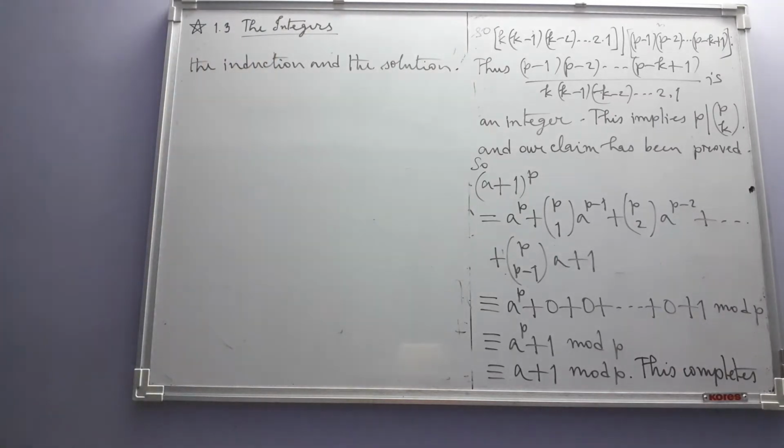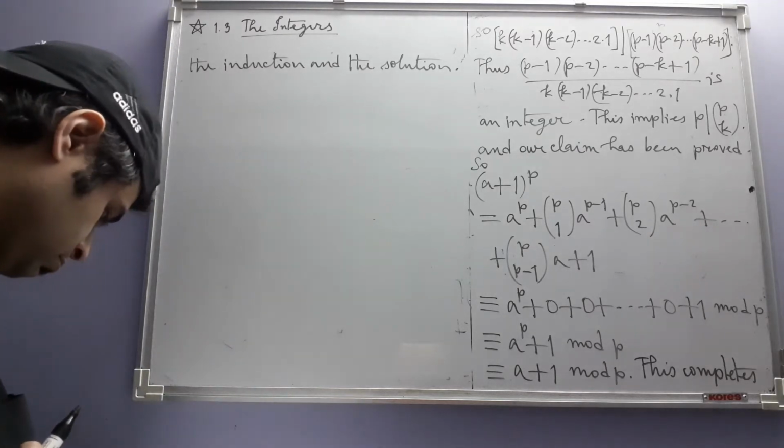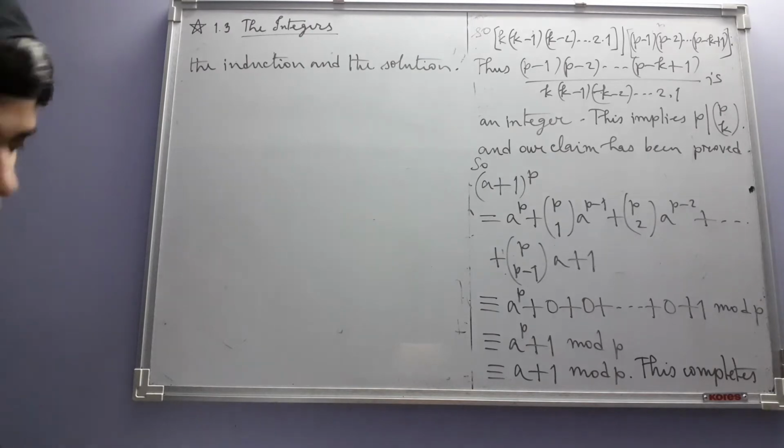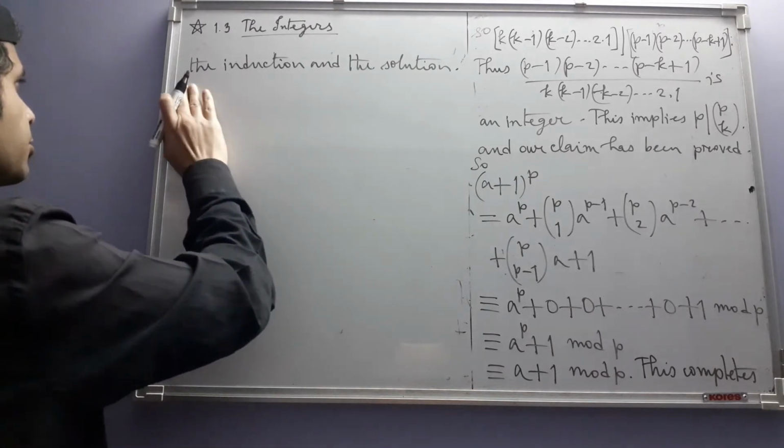Okay, so that completes the first asterisk exercise. There are 2 or 3 more. Let me just quickly go through them.